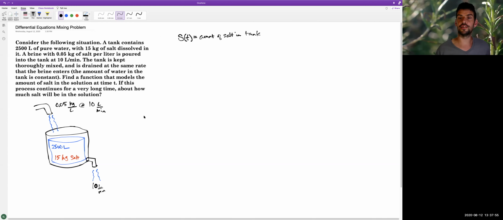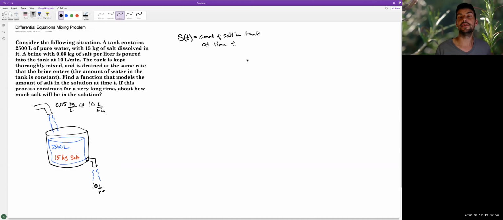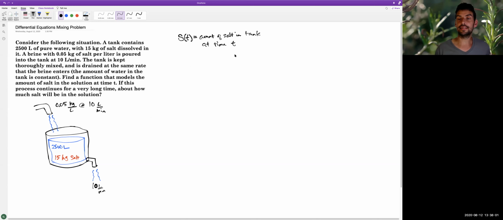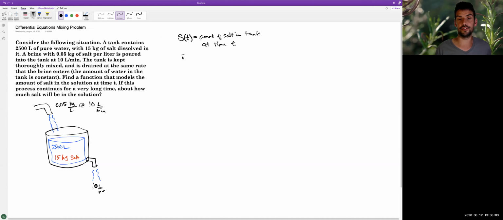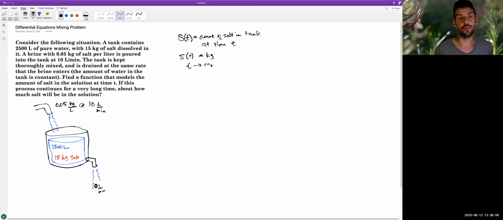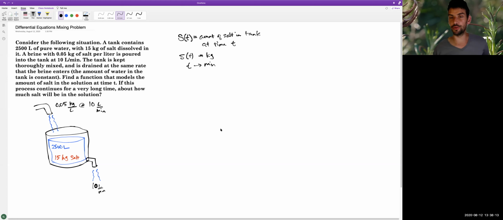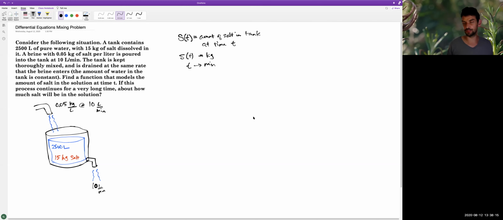In the solution in the tank at time t. And let's say that the units of S of t are going to be kilograms, and t, I'm going to go with minutes because the rate at which water is going in is in minutes, liters per minute.